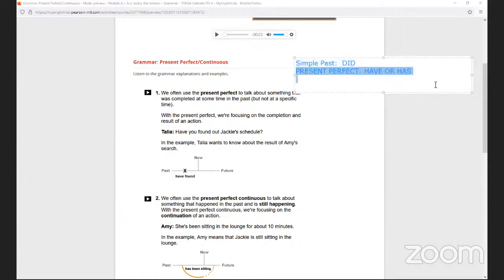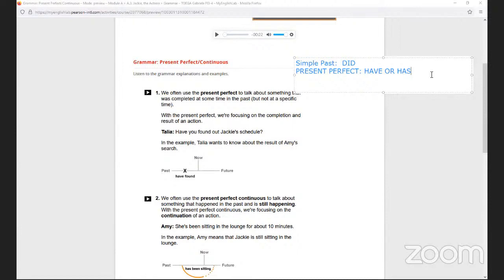But what is the difference with present perfect? In present perfect, of course, we use these auxiliaries have or has, but the difference is that we start an action in the past, but we don't know when the action is going to finish. Okay, so that is the difference.